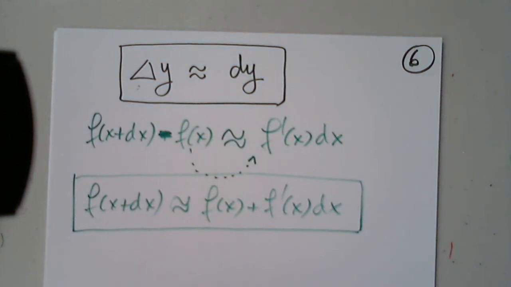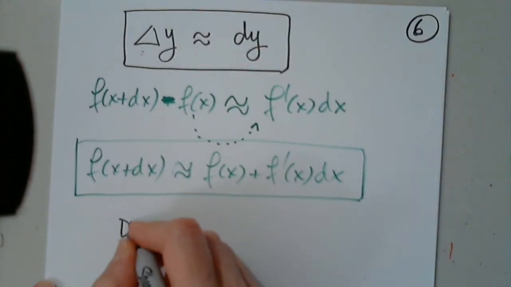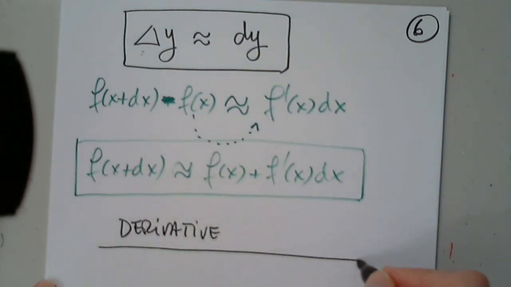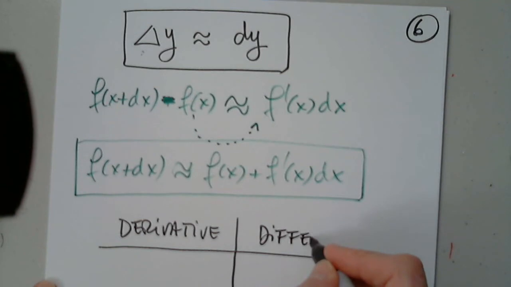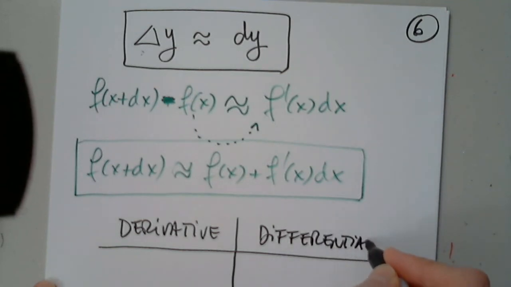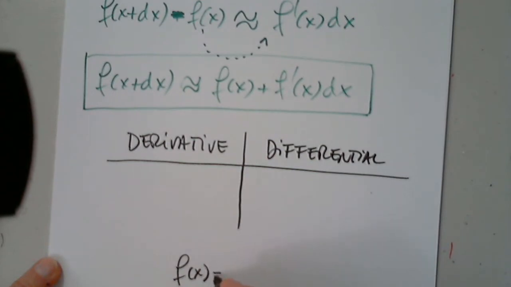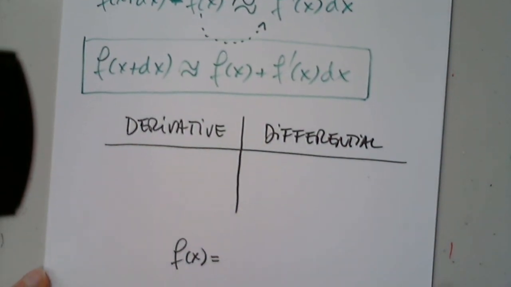The other thing I just want to clarify before we apply this concept in problems is the following. Derivative, differential. Please give me any function you want. Nothing super sophisticated. I just want to illustrate the difference between these two. Just any function.